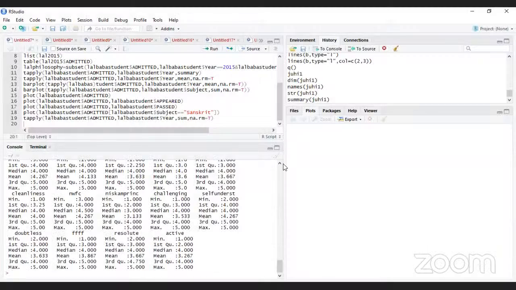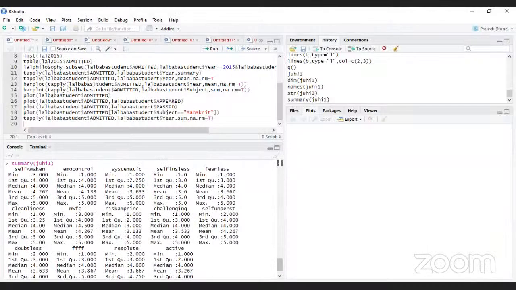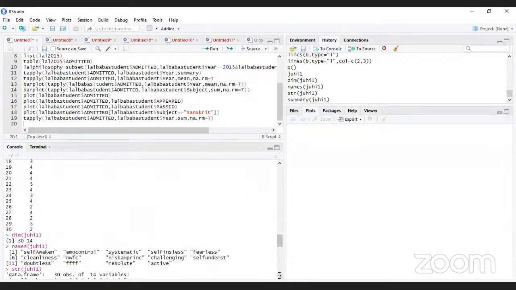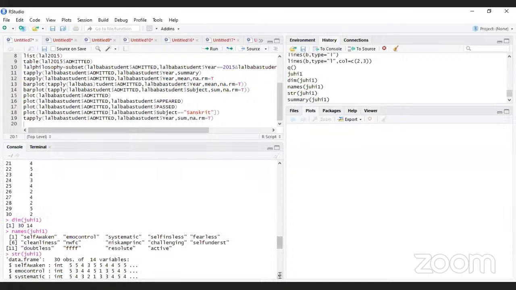So if I write summary, Juhi1. Sir, please share your screen. Oh, sorry. I'm writing again. So that is one data set.